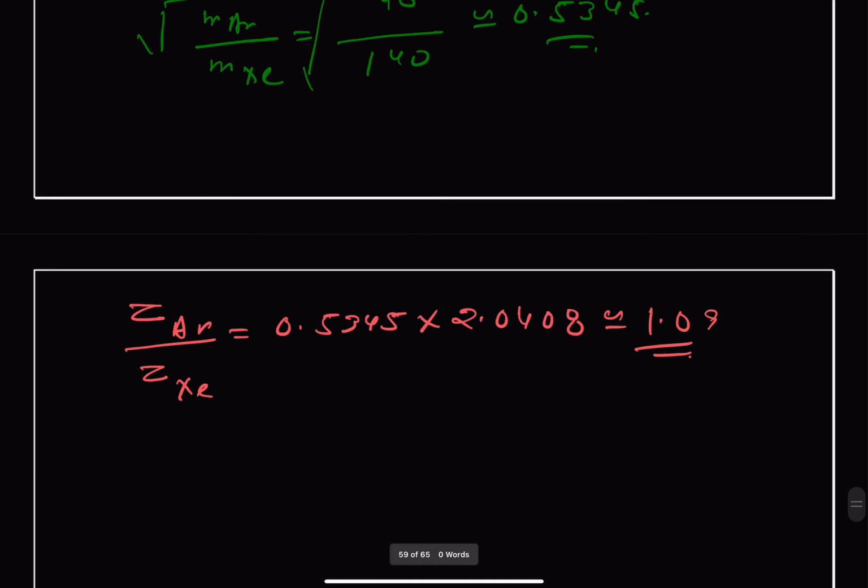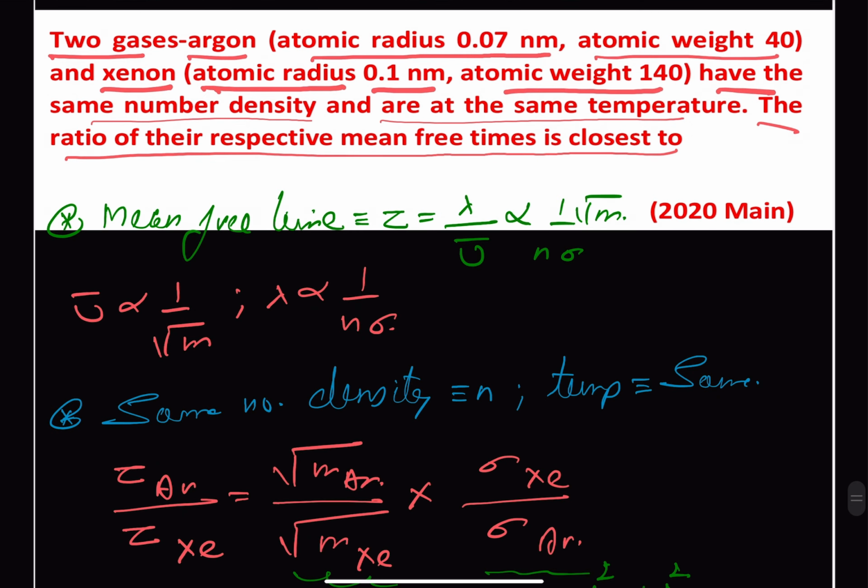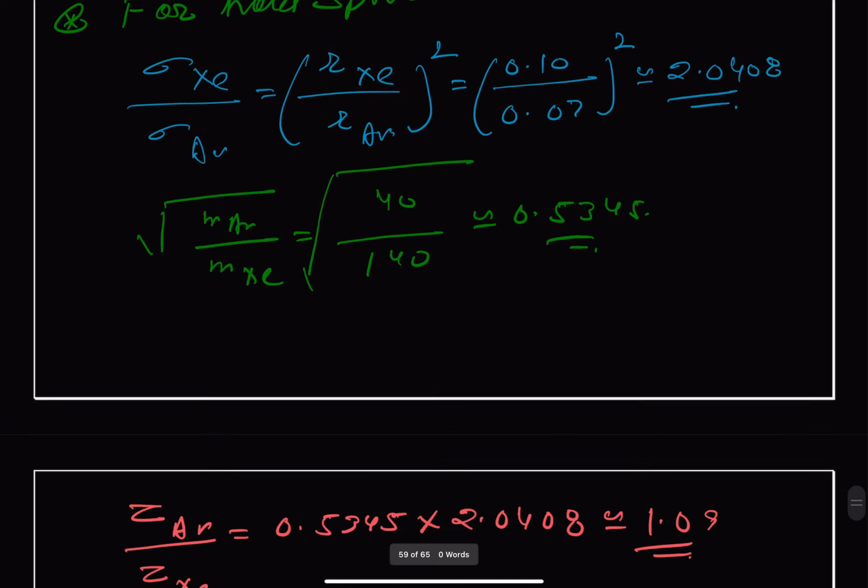I think I forgot to put the options. So this comes as 1.09, or if required, it can be approximately equal to 1. I'm not sure what the option will be, but the calculation will be the same.